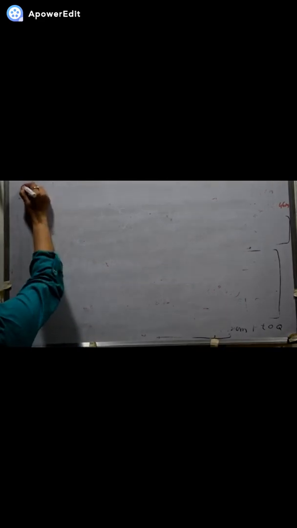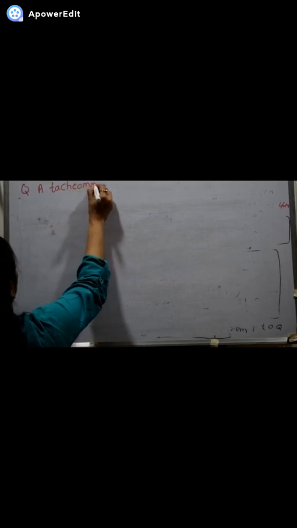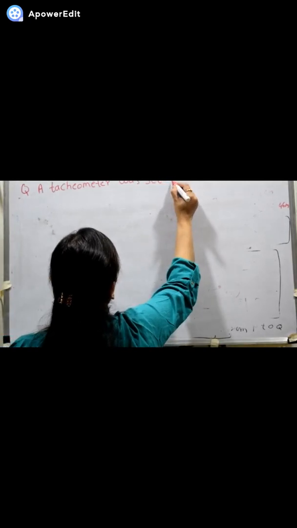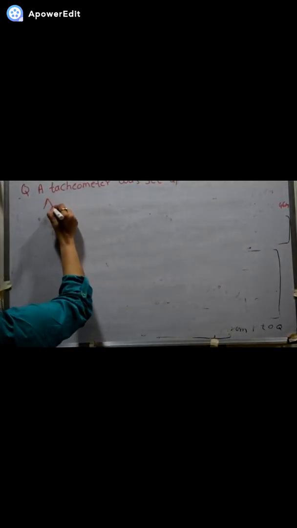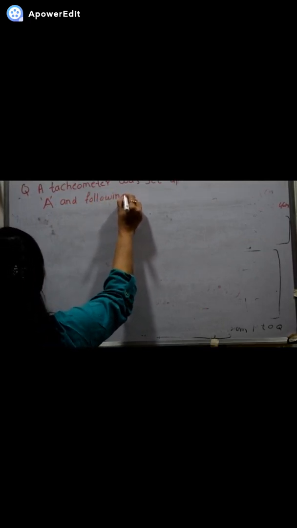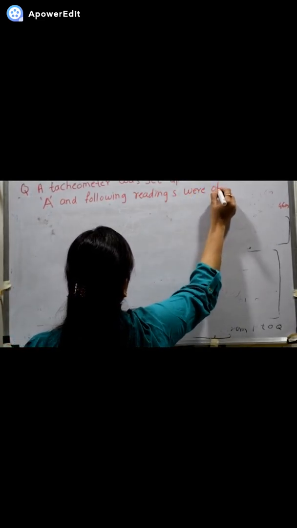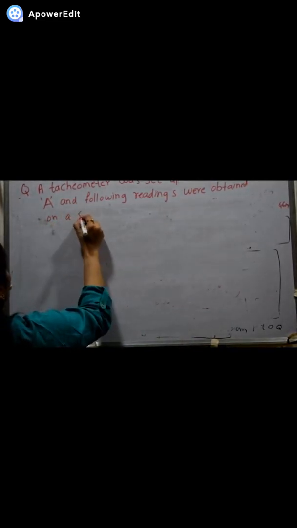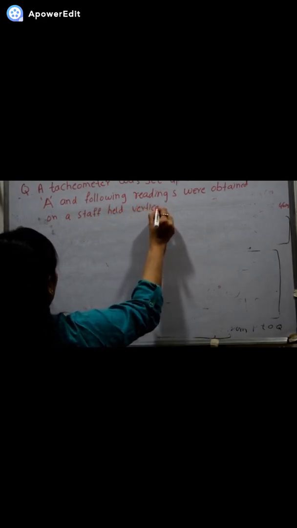And the question is: a tachometer was set up at station A and the following readings were obtained on a staff held vertical.